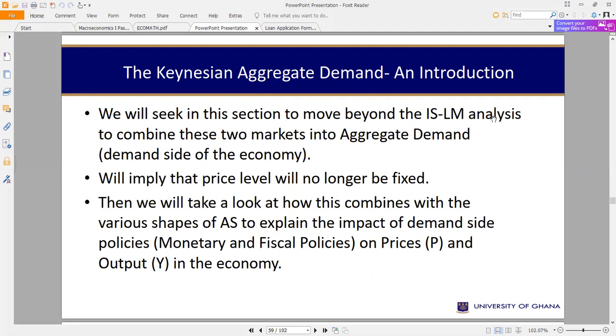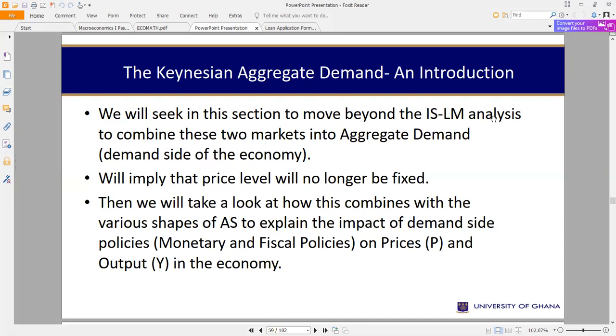So what we do is that we combine ISLM, which means that before we can get the aggregate demand schedule, there's supposed to be equilibrium in both the money and the output market. So getting aggregate demand, we are talking about the demand side of the economy, and also we are no longer holding price constant.